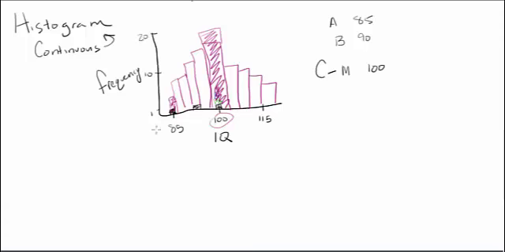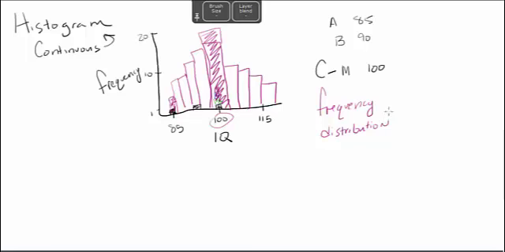You might also see this called a frequency distribution, because you're showing how frequent these different scores are. So in this class we will use a frequency distribution, histograms in particular, over and over and over again. Once we start talking about normal distribution, understanding this gets to be very important.